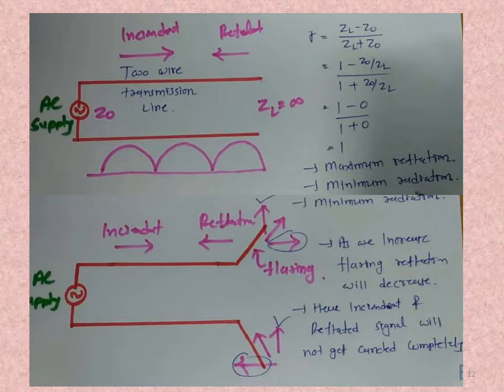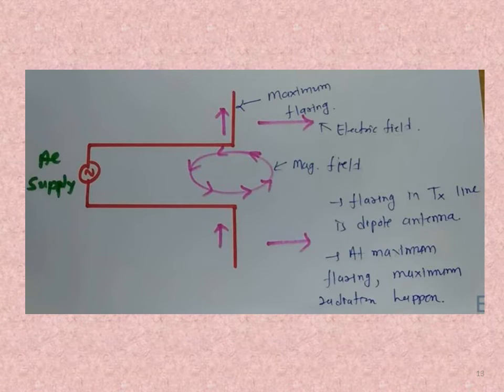If the flaring angle with respect to the line is 45 degrees, it will radiate the energy well. So flaring has to be done to make these two wires become an antenna.